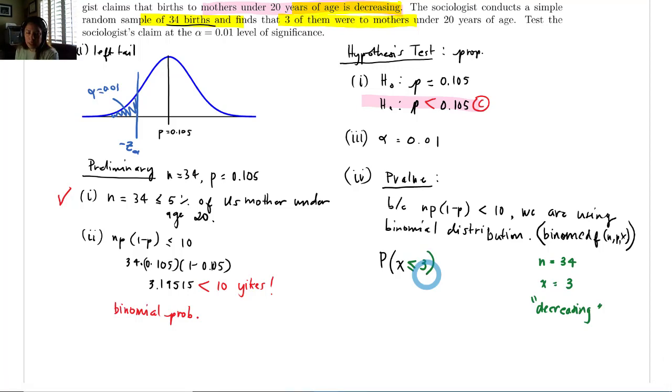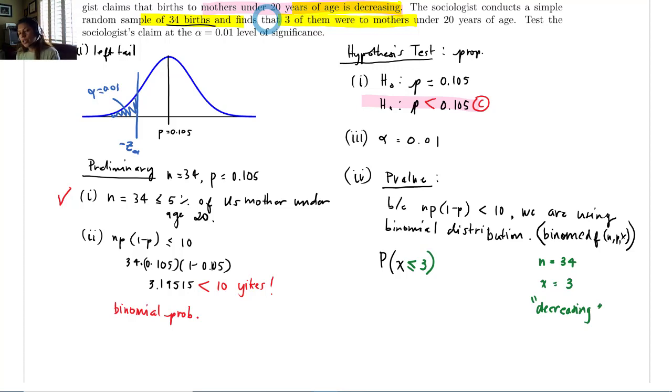If it was increasing, we would be looking for greater than 3 births of the sample. So we're going to use this 3 as the barrier, because in that randomly selected sample, either all 3 will have mothers 20 years or younger, 2 of them will and 1 won't, or 1 will and 2 will have mothers older than 20.